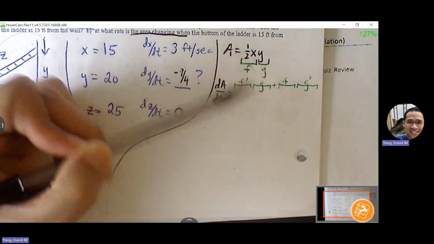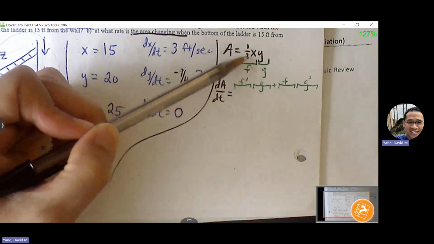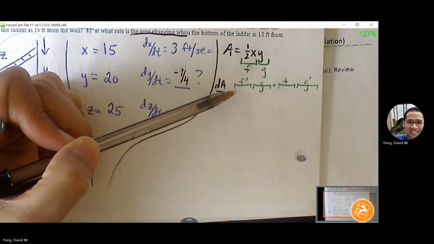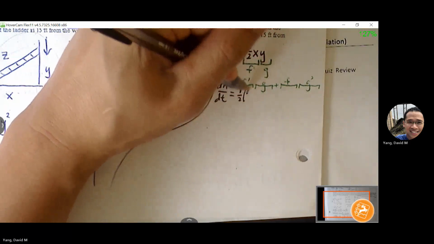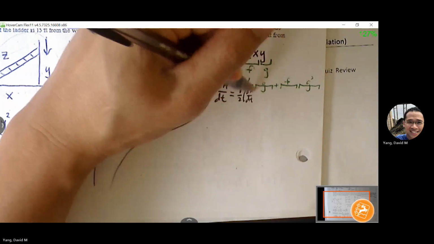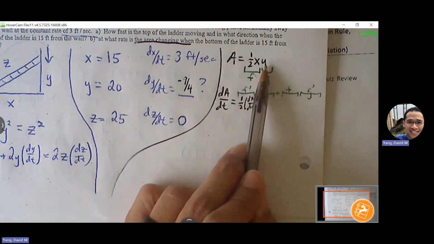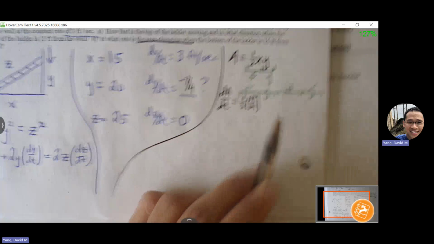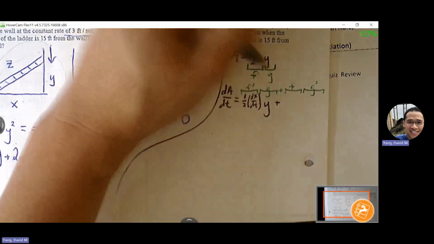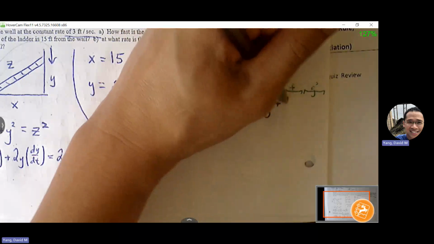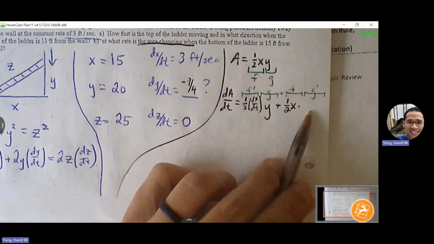Remember, everything has time involvement now. X has something left over as well. 1/2 x becomes 1/2 dx/dt. The g doesn't ask for any changes. It just asks us to bring down whatever we see under g, which is y. Back to f. F has no changes. dy/dt. And then finally, yes, g prime is going to be your dy/dt.